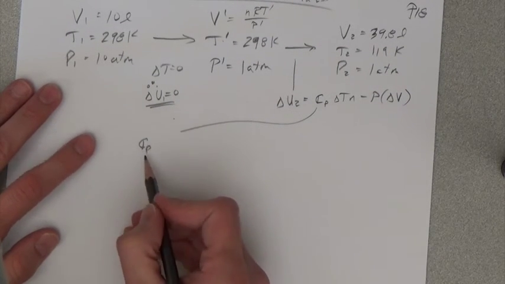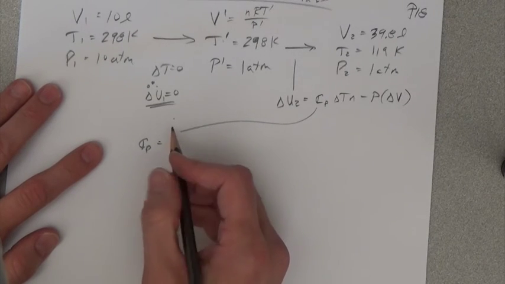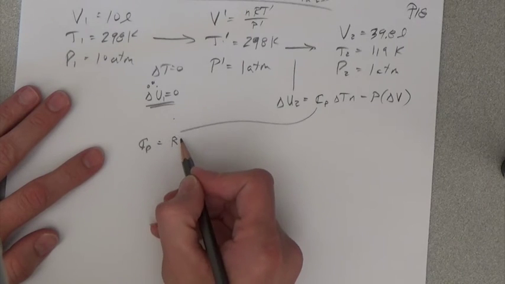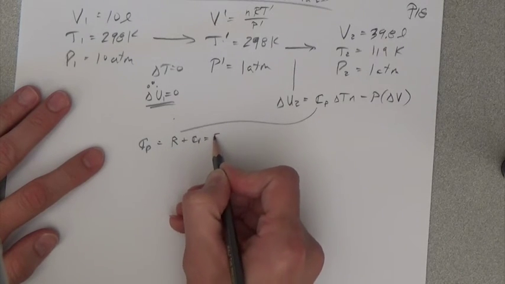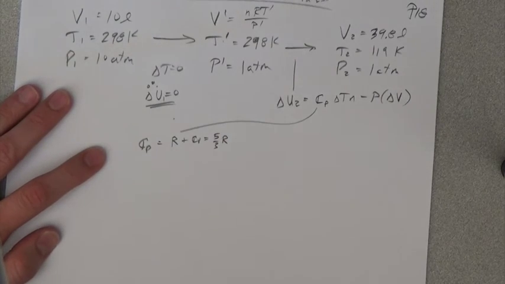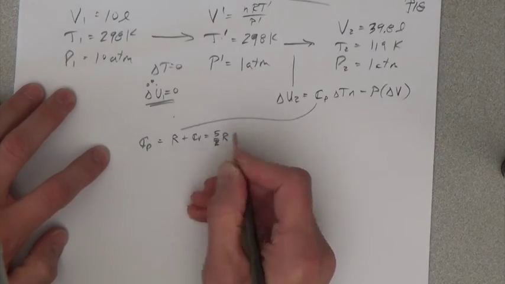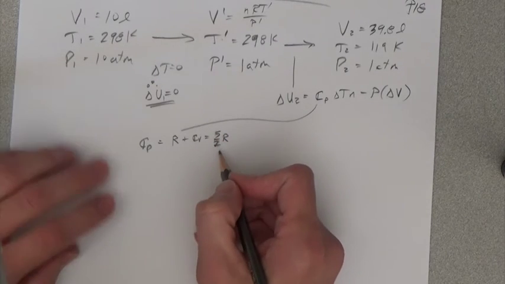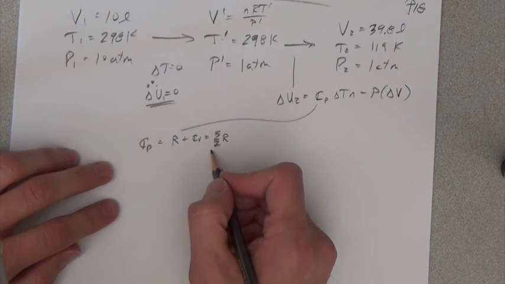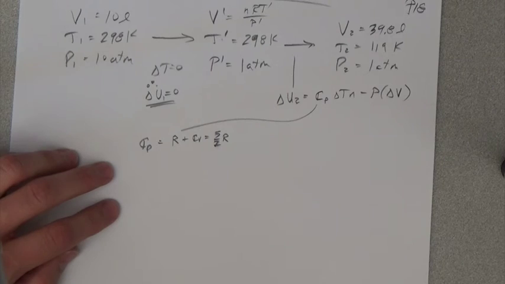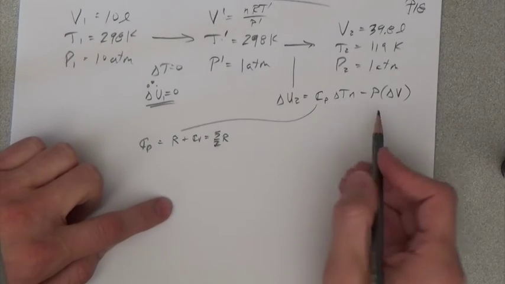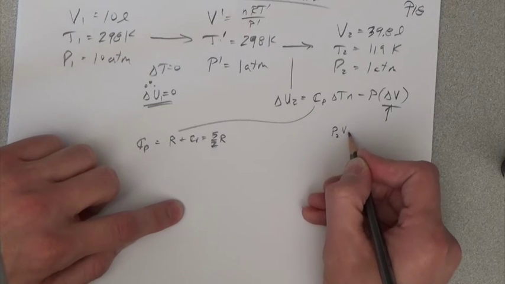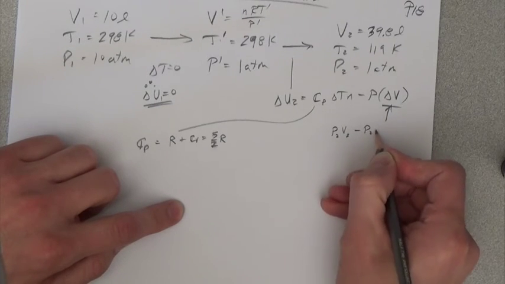The constant pressure molar heat capacity is equal to R plus CV, which is 5/2 R. I can't read my own notes. 5/2 R. And then for that delta V, that's P2V2 minus P2V prime.